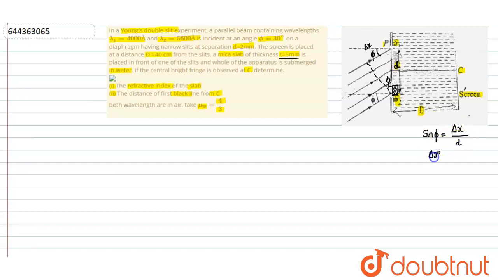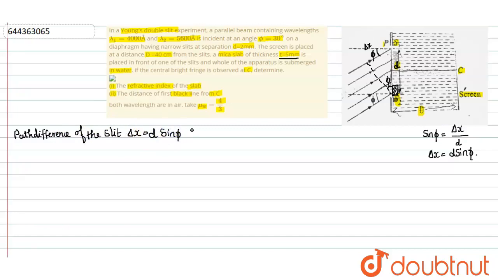So delta x is d sine phi. So now we have the equation for path difference of the slit, delta x equal to d into sine phi.